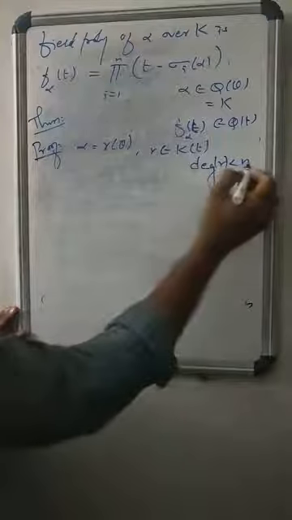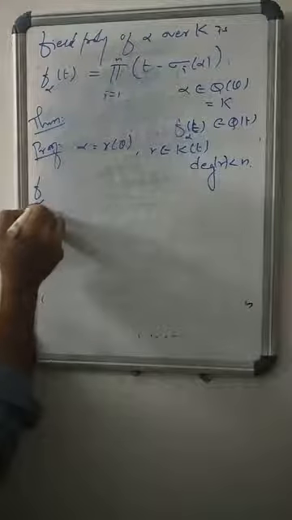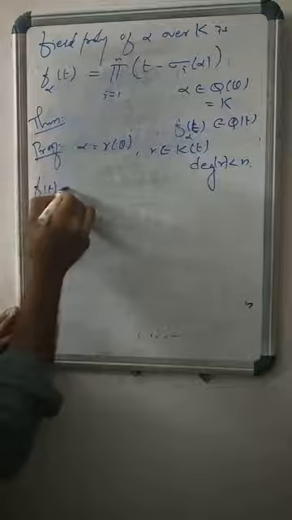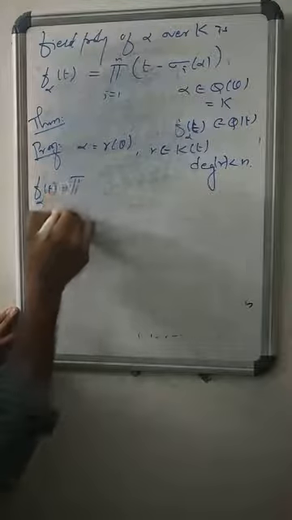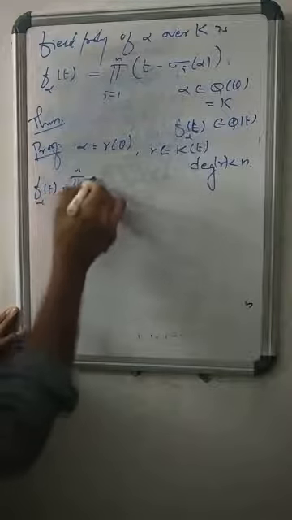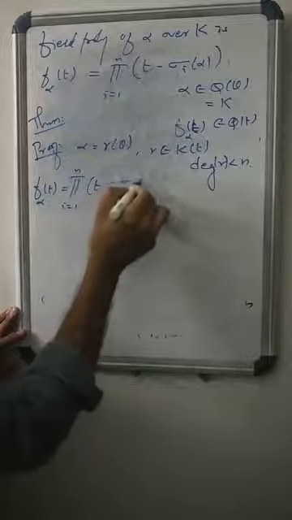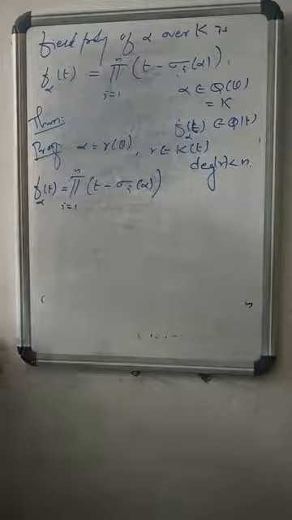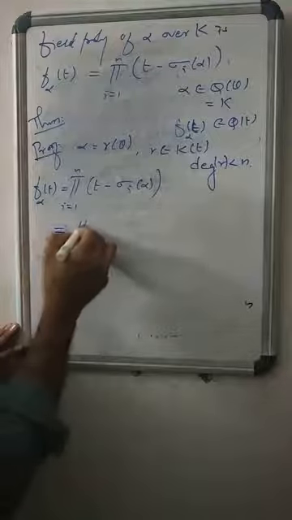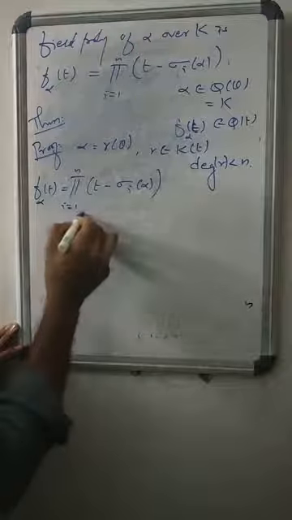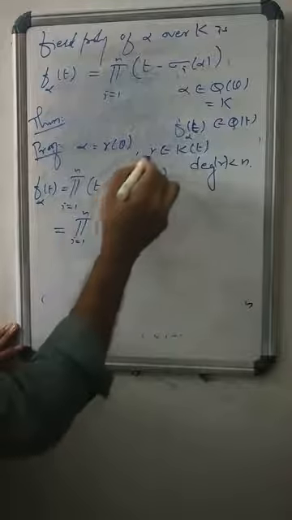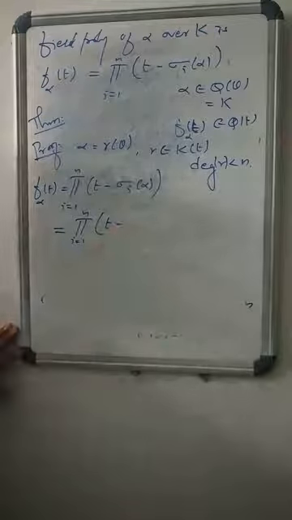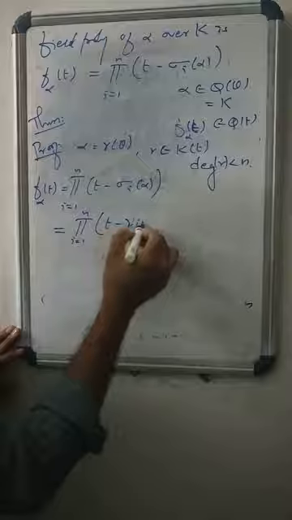Now come to the field polynomial. By definition, f alpha of t equals the product, I ranging from 1 to n, of t minus sigma I of alpha. Sigma I of alpha is r(theta I).